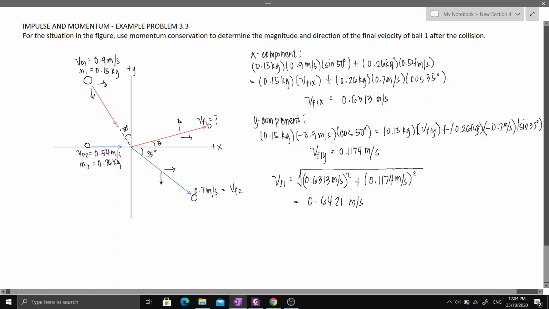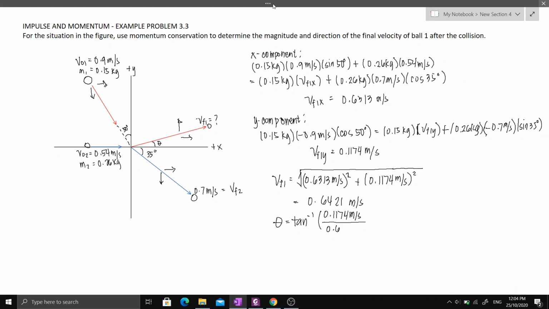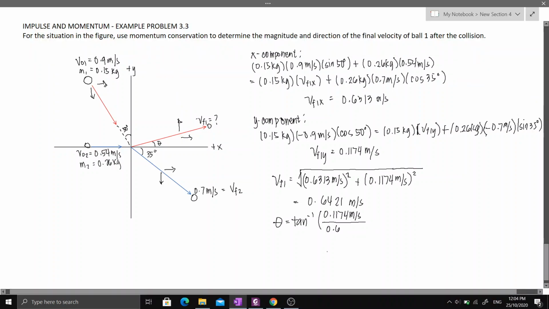But this is only the magnitude, and we are also asked to find the direction. So its direction is denoted by the angle theta, and we will simply use the arctangent function, arctangent of 0.1174 meters per second all over 0.6313 meters per second.